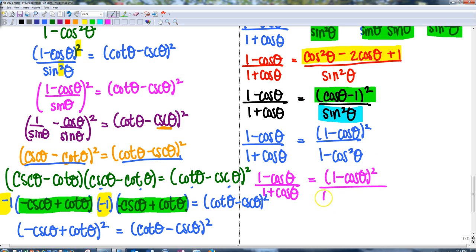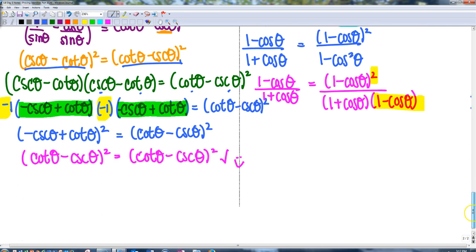So 1 minus cosine squared will factor to 1 plus cosine theta, 1 minus cosine theta. And now you can see that you have a 1 minus cosine theta on the bottom, and you have two of them on the top. So I'm just going to cancel out one of the ones on the top with the one on the bottom.